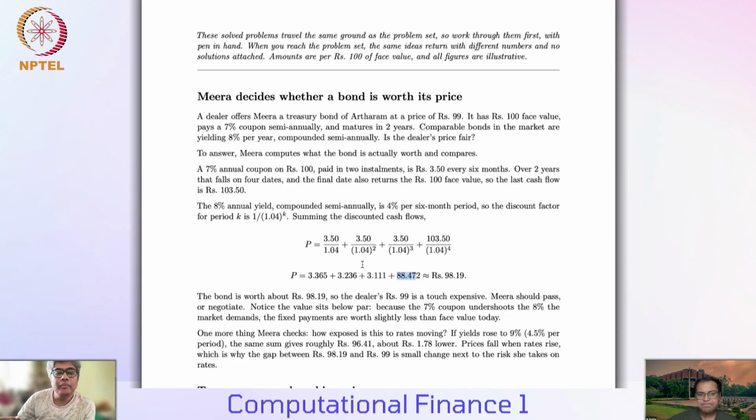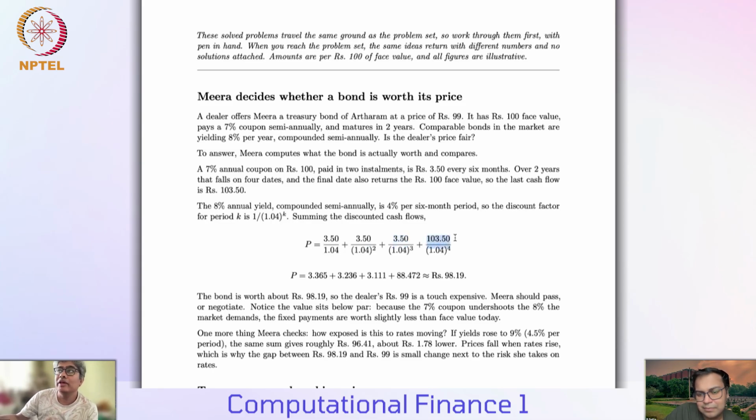So, Bikram, I just want to make one more, very small point. 3.5 is the amount I'm going to get 6 months in the future. 3.5 is the amount I'm going to get 1 year in the future. 3.5 is the amount which I'm going to get in 1.5 years from today.